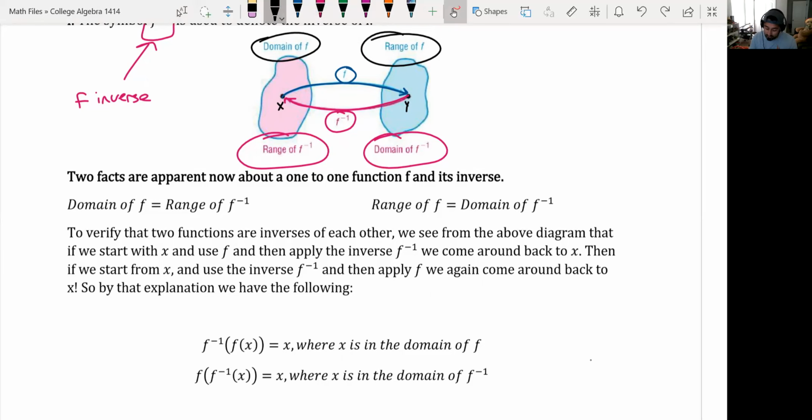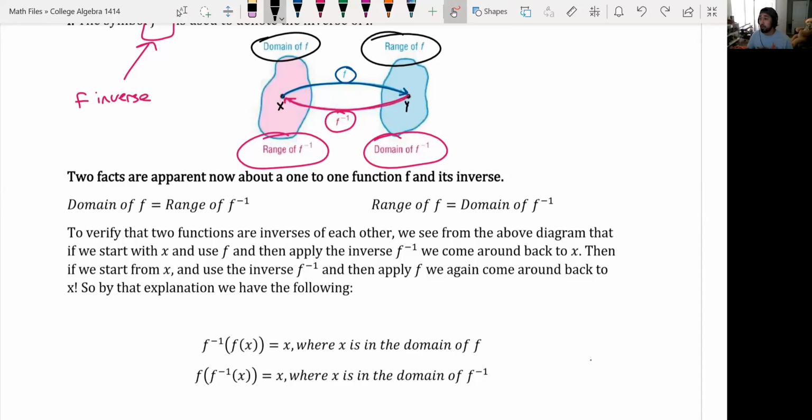So what it's saying is that we start with x, we apply the original function f, and we get to y. And then if we apply the inverse function, we will always arrive back at x. So, now we're going to use this to prove that functions are inverses of each other.